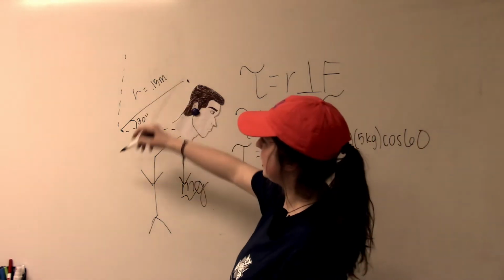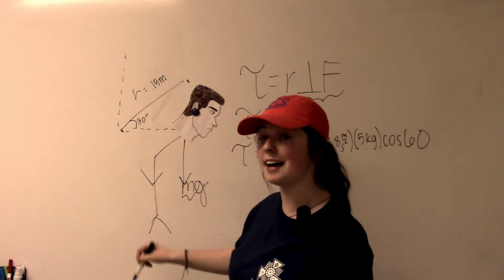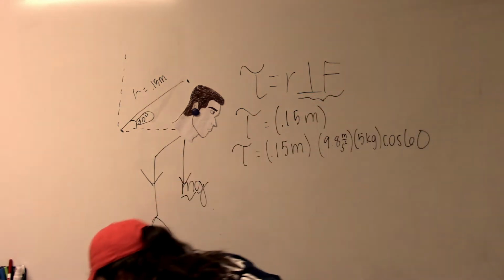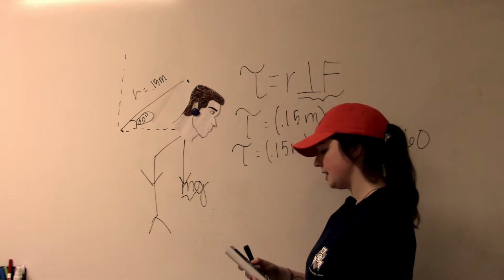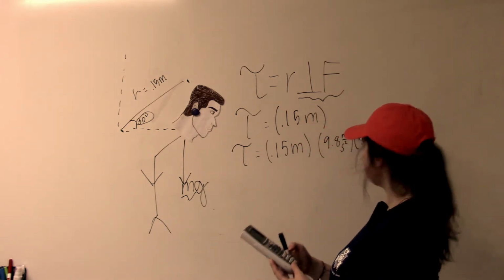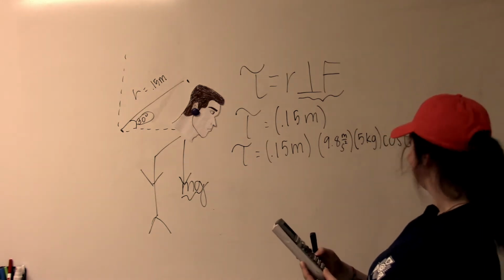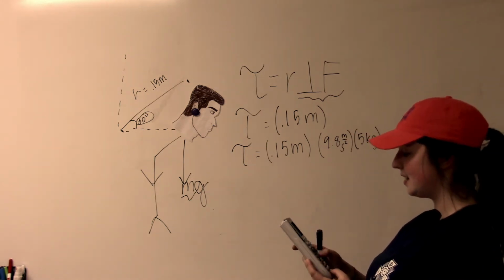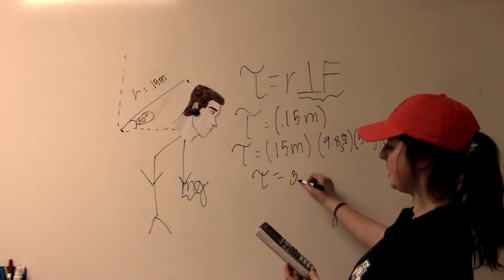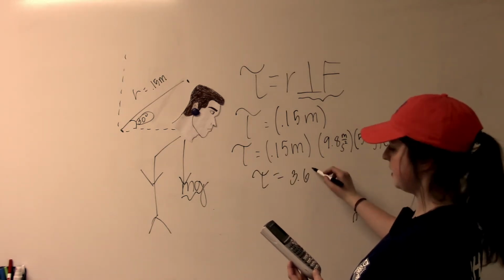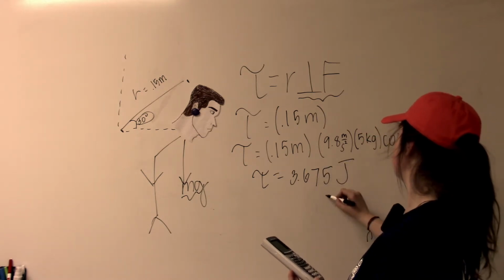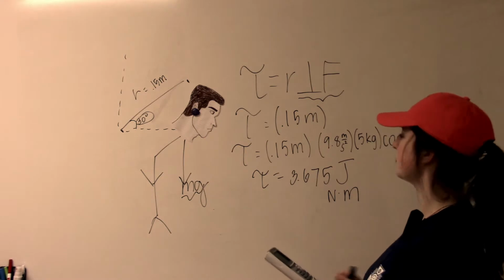Remember, this is 90 degrees, so we're going to multiply by the cosine of 90 minus 30. So when we calculate this out, we get 0.15 times 9.8 times 5 times the cosine of 60. Our torque is going to be around 3.675 joules, or Newton meters.